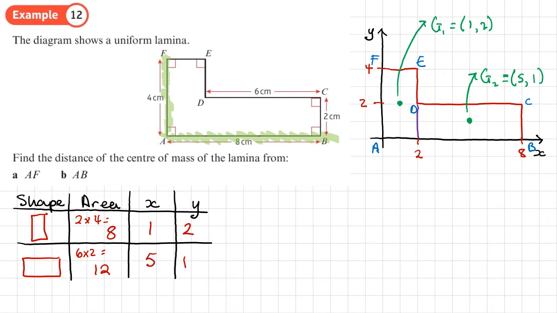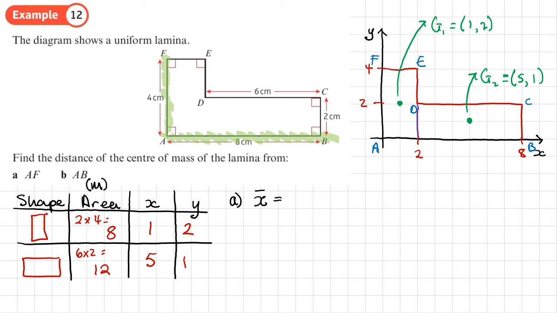So now we're ready to answer part A. If I'm finding the distance of the center of mass of the lamina from AF, so that's this side here, I want to find how far along it is. So that's finding x bar. So distance from AF equals x bar. That's the sum of mx, remembering the area is the mass here, divided by the sum of the areas, the sum of the masses.